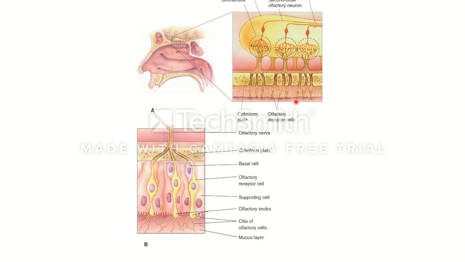As you can see here with more magnification, these extensions are dendrites, and this is the cell body, and this is the axon of this bipolar neuron.